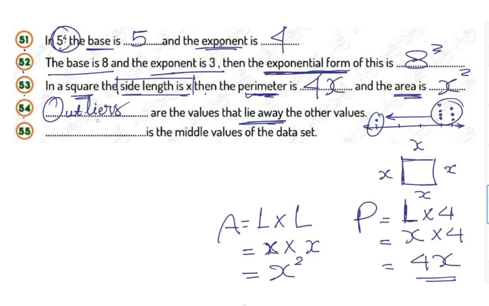So outliers are the values that lie away from the other values. Next, blank is the middle value of a data set. When you have some data, some values, the middle of these values is what? It is the median. Let's go to the next part of the complete questions.